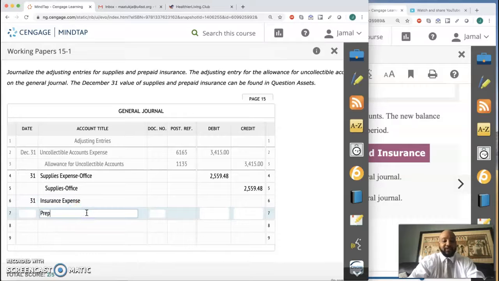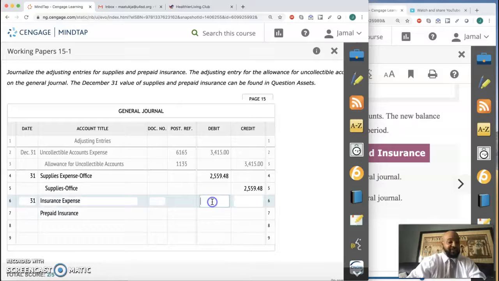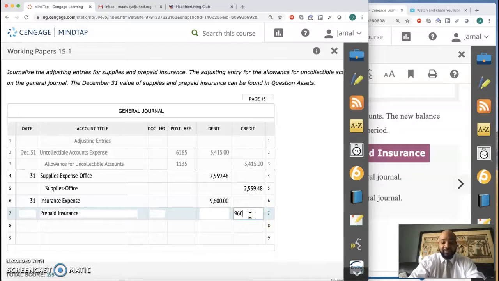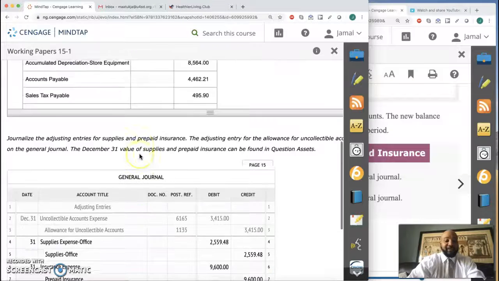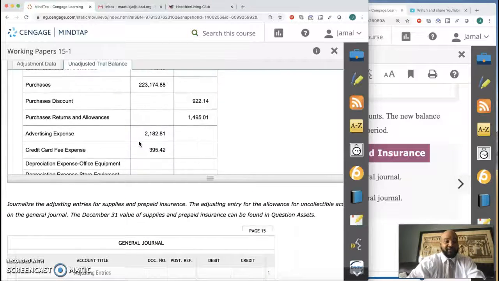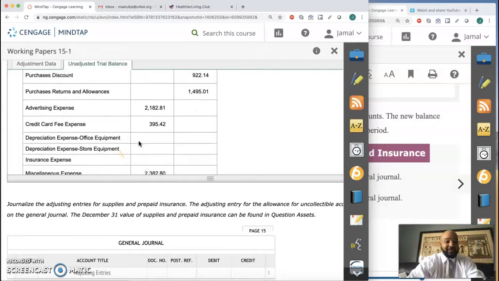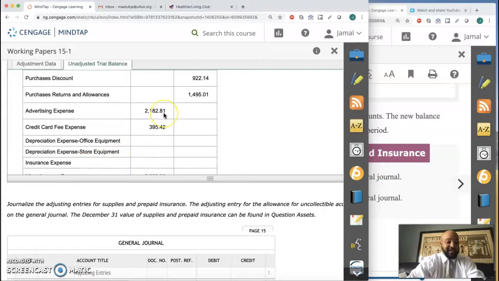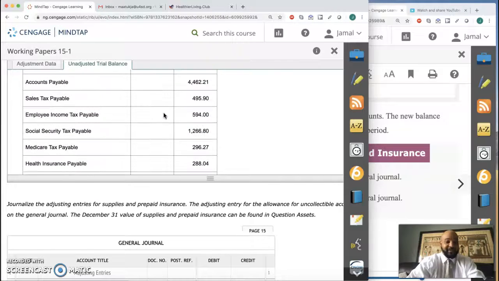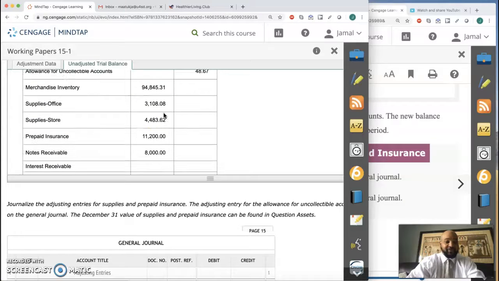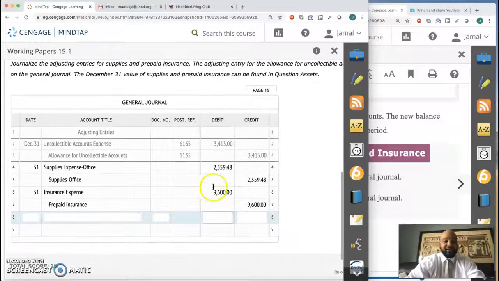And then of course prepaid insurance. And those amounts are $9,600, how much we used for this fiscal period. Let's go up to make sure those are the right titles. So first, check my expense. I'm down at the bottom with the expenses, and there it is. Insurance expense is going to be $9,600. It's the adjustment. Then we're going to go back up and make sure it's called prepaid insurance, for $11,200. That is perfect. So those are the two amounts.